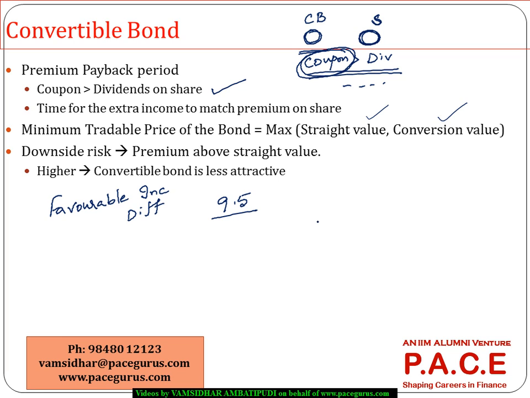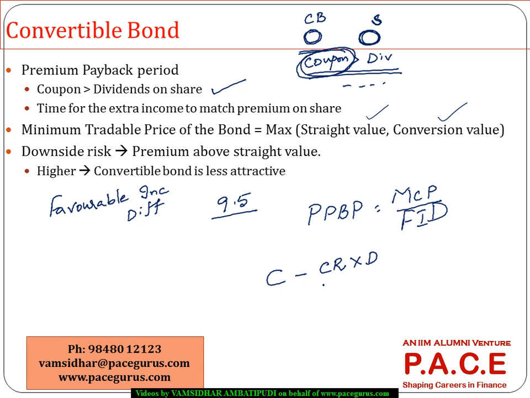What we typically look at as the premium payback period is nothing but the market conversion premium per share divided by the favorable income difference per share. The way I look at the favorable income difference is to look at the coupon interest, by what extent the coupon is greater than the dividend. So the coupon, minus the conversion ratio, which is the number of shares you would have got, multiplied by the dividend per share.